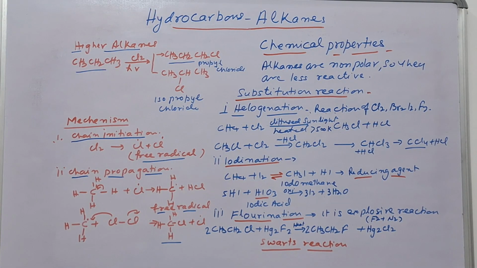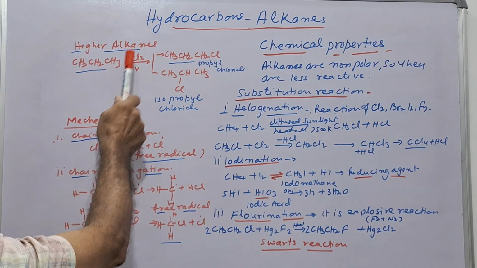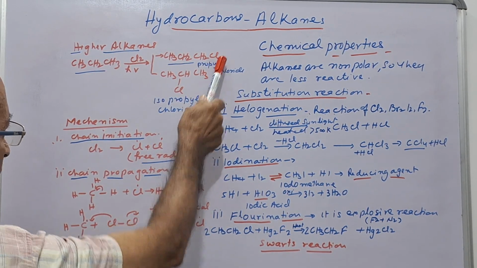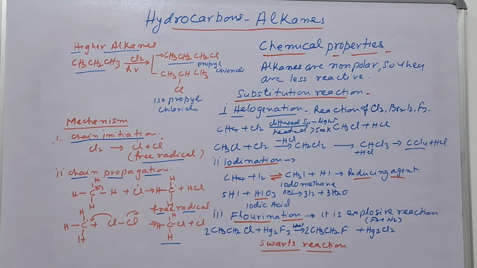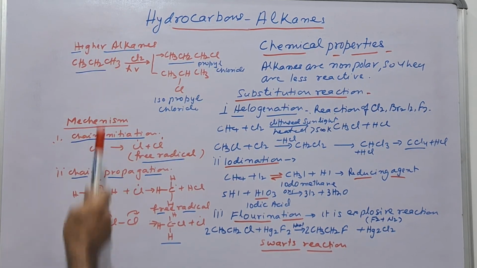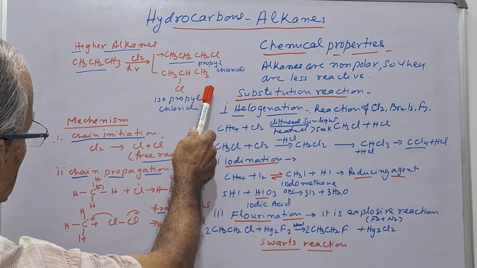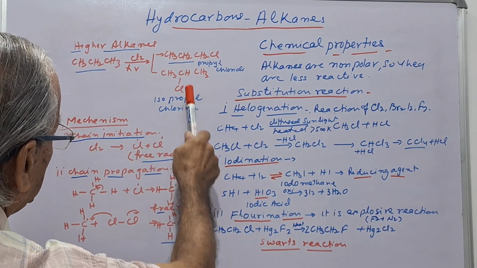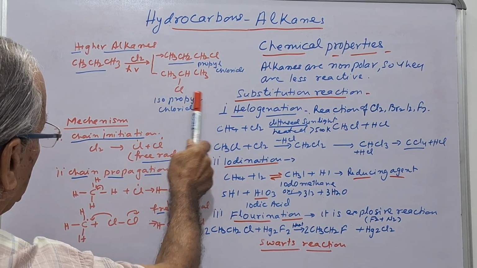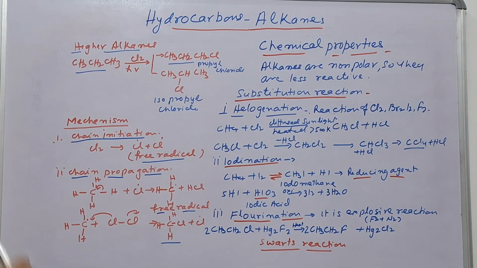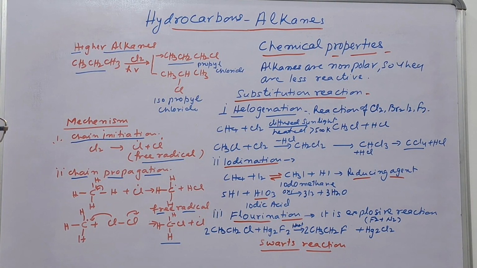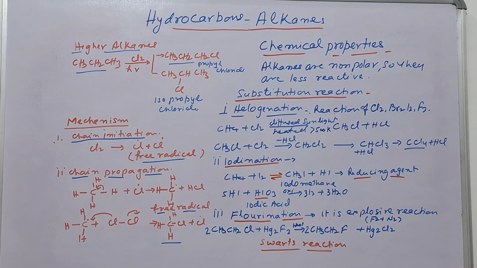So the point is that higher alkanes, when they react with chlorine in diffuse light, form a mixture of products. So here, in this case, one hydrogen from the alpha carbon atom or the iso group gives 2-chloropropane, that is isopropyl chloride. So in the case of higher alkanes, as isomers are there, we get a mixture of the halogenated products.